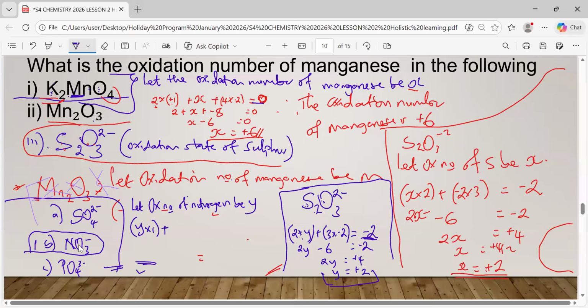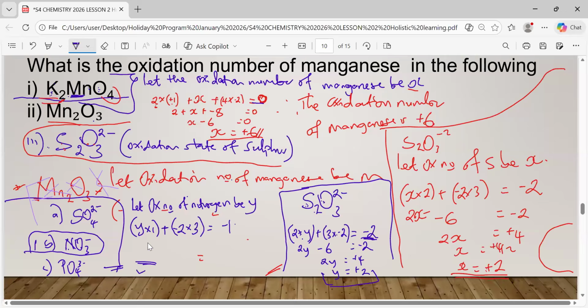We have been talking about this: oxygen is in group 6, meaning that it gains 2 electrons to become stable. And in our rules of assigning, we already saw that oxygen always has a -2 oxidation state. So in this case, oxygen's oxidation state is -2, but there are 3 atoms of oxygen, so it becomes times 3. Then the sum of the oxidation states of these elements will equal the charge, which is -1.